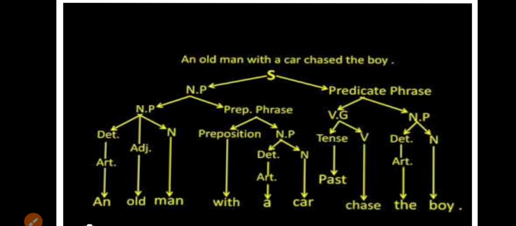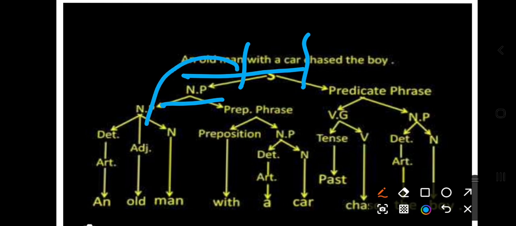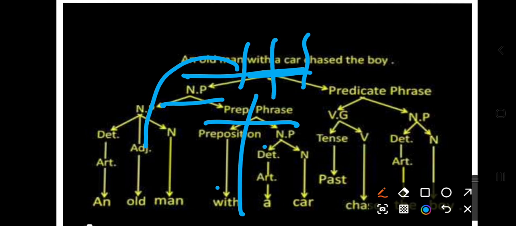Read this way: an old man with a car. Definitely, an old man with a car is a noun phrase. An old man is one noun phrase, but with a car is a prepositional phrase, right? So with is a preposition, and a car is a noun phrase.